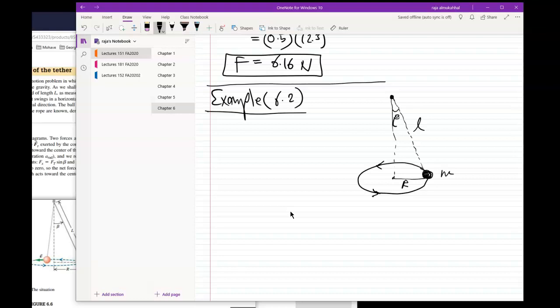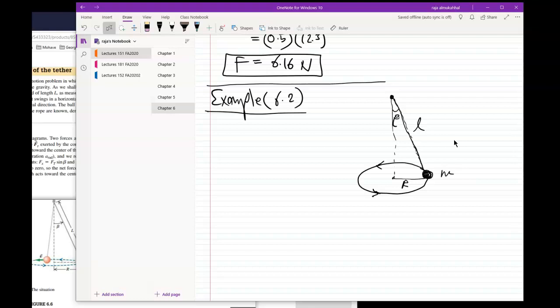Now we're going to be using stuff that we have studied from chapter 5, application of Newton's law, because we're going to be using forces here. The question is, what is the centripetal force? Obviously, the tension in the cord here, let me make it a solid line, is not the centripetal force.